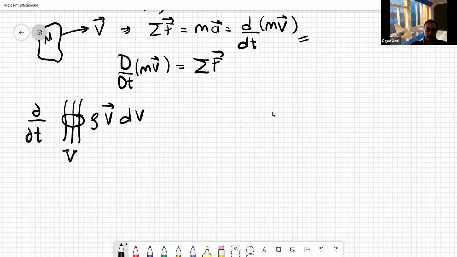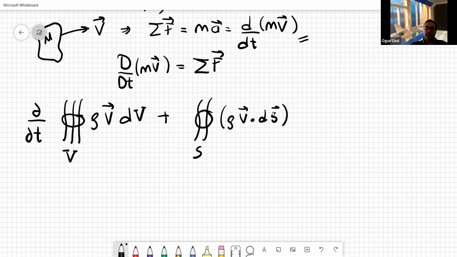That's the volumetric change of momentum. Also, there could be incoming momentum and outgoing momentum through the surfaces of that control volume, which should be taken into account.